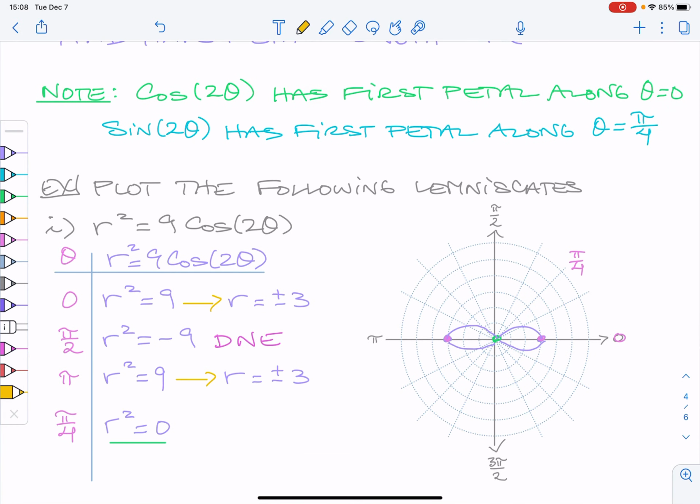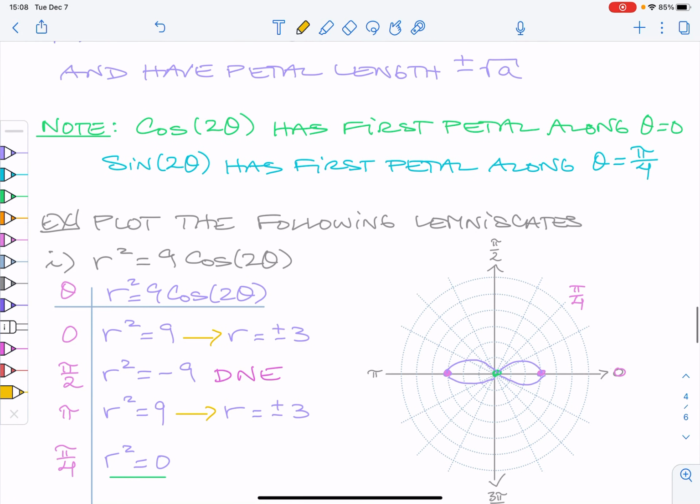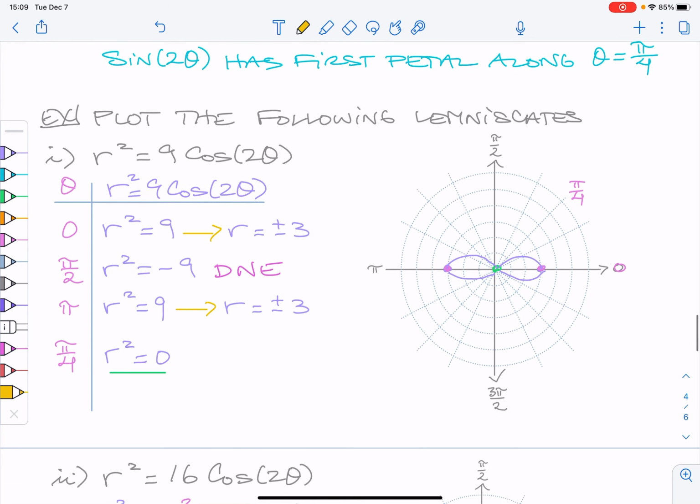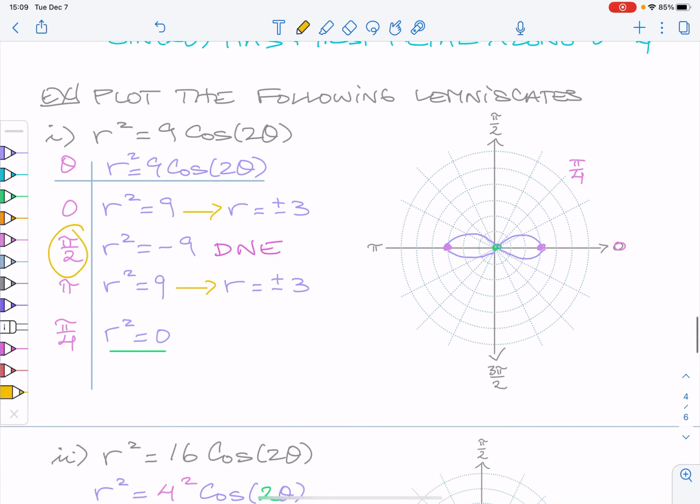So let's plot the following lemniscates. If we have r squared is 9 cosine of 2 theta, well, if I plug in 0, cosine of 0 is 1. So I get r squared equals 9, or r is plus or minus 3. So at 0 radians, my radius is plus or minus 3, meaning it's either 3 in the positive direction or 3 in the direction 180 degrees away. At pi over 2, twice pi over 2 is pi, but we get r squared is negative 9.